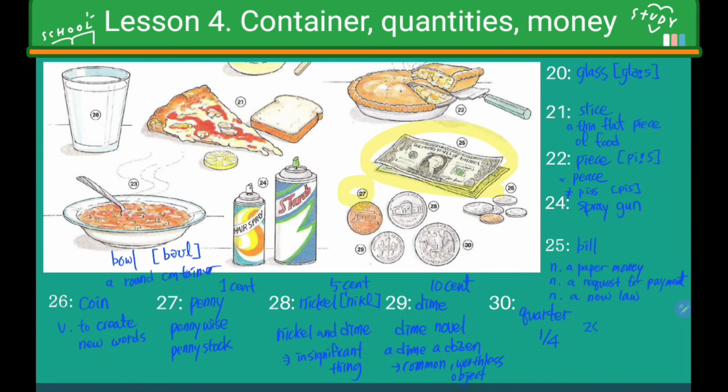And it's 25 cent. So basically, 1/4 is 25% of 100, right? So a quarter refers to both the coin, 25 cent, or number 1/4. All right?